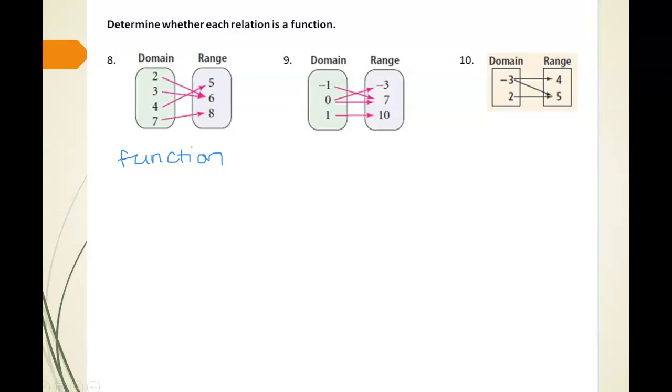However, my function is not 1-to-1 because 2 and 3 both map to 6. So it is not 1-to-1, but every number in the range maps to a domain, so it is onto.